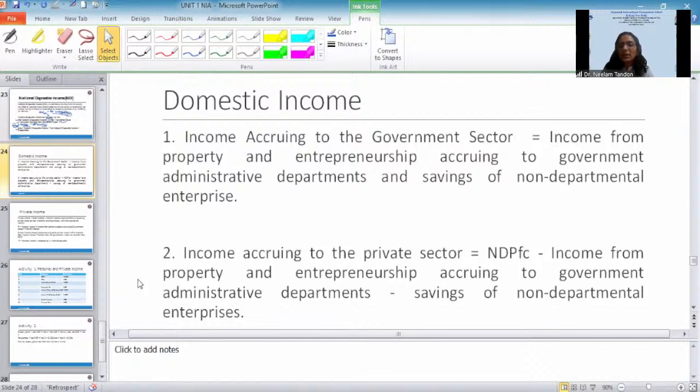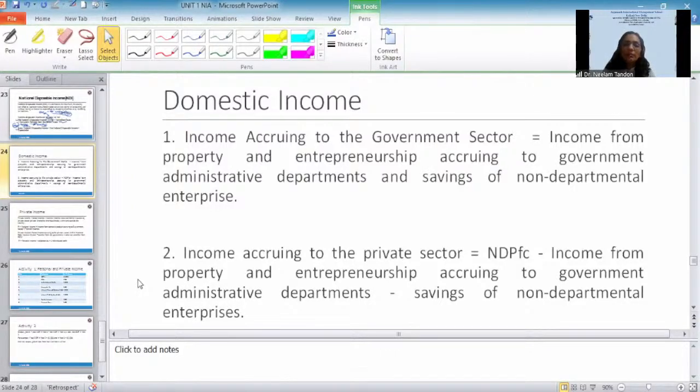Government departments are there: Department of Telecom, Department of Health, Department of Education, Department of Road and others. So they are the ones who get income, and through that government gets income. Other is through their non-departmental enterprises. So you have SAIL, GAIL, NTPC. These are non-departmental enterprises through which they get income. So this is the source of income for the government.